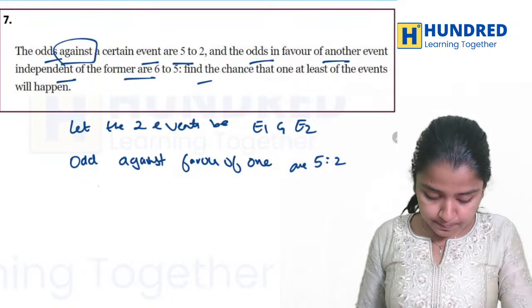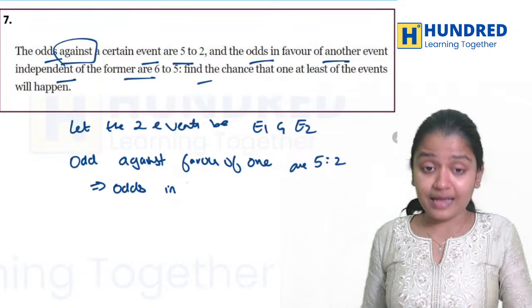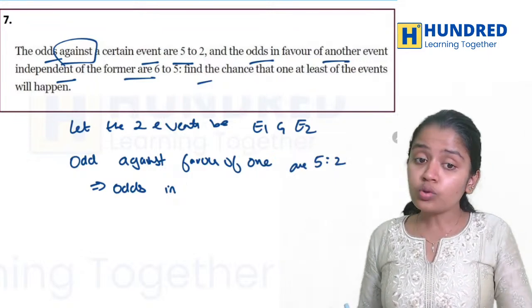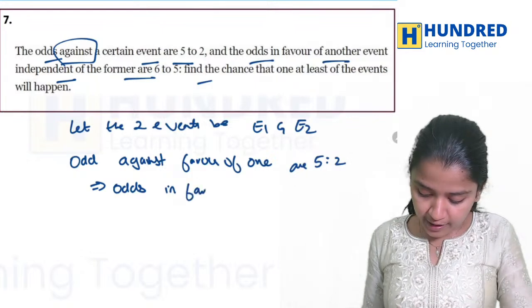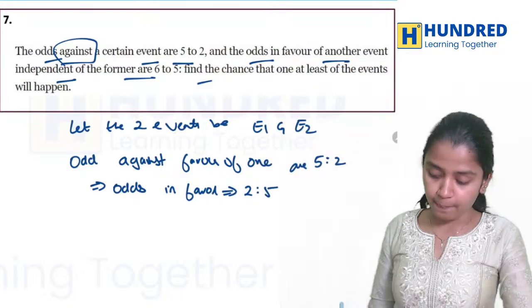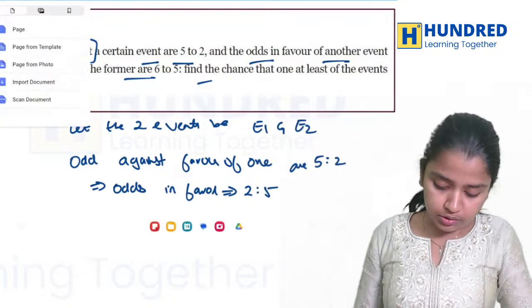Now the odds against are 5:2, so the odds in favor will be 2:5. Odds in favor will be 2:5.